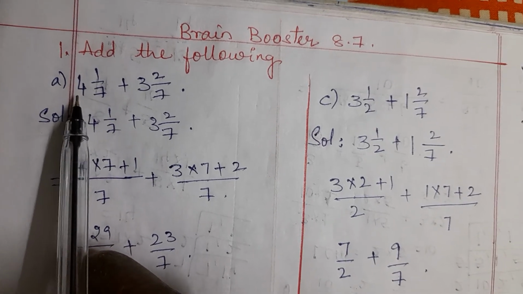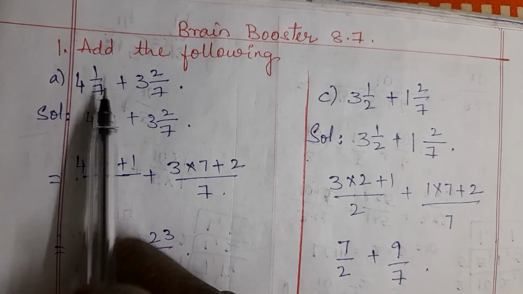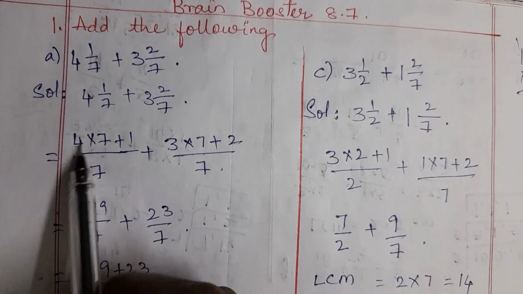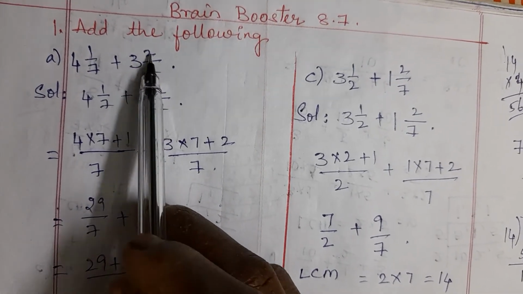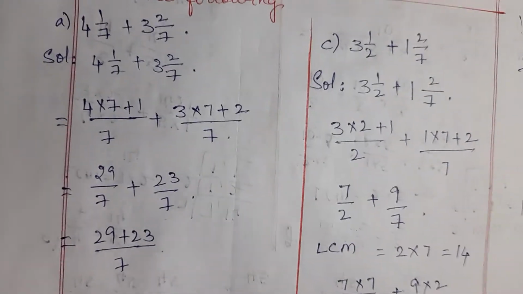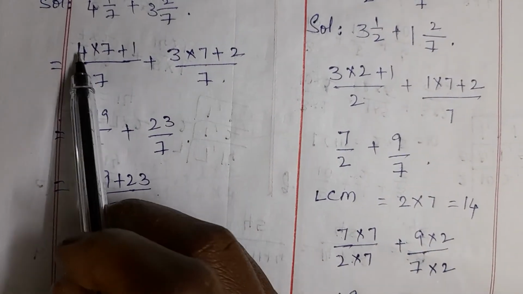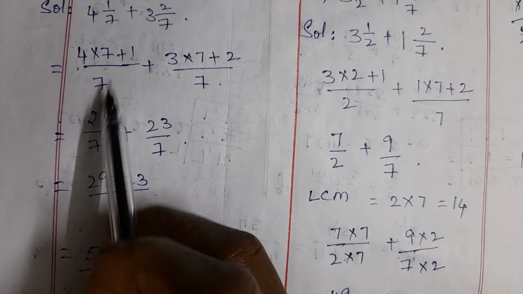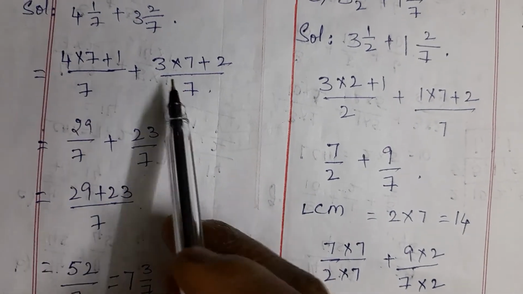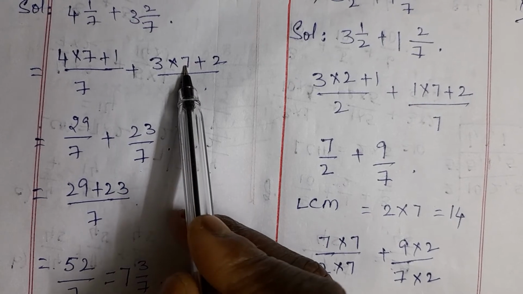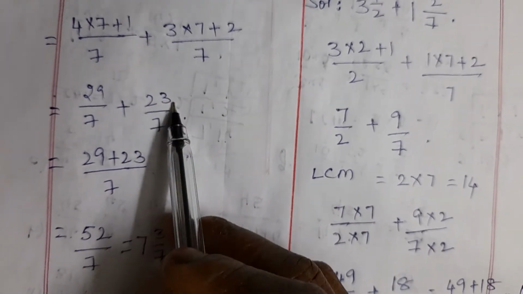So what we have to do, 4 into 7 plus 1 plus 3 into 7 plus 2. Okay, now 4 7s is 28 plus 1 is 29 by 7. 3 7s are 21 plus 2 is 23.